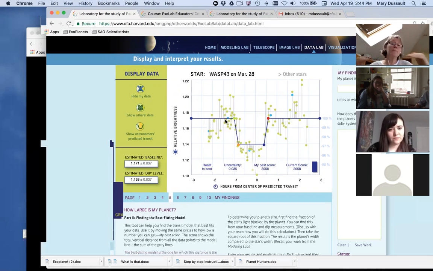This is our best fit model that shows a little more than a 3% dip. That's a pretty big dip in the brightness of the star.